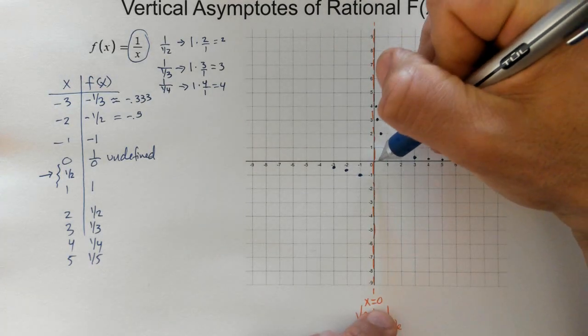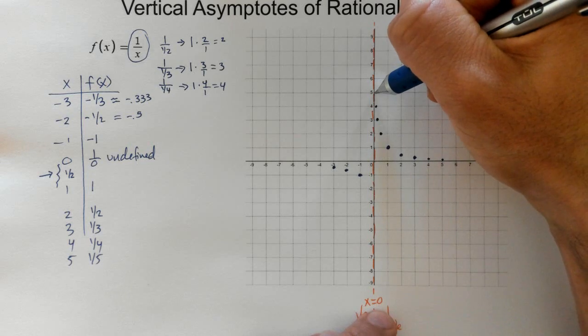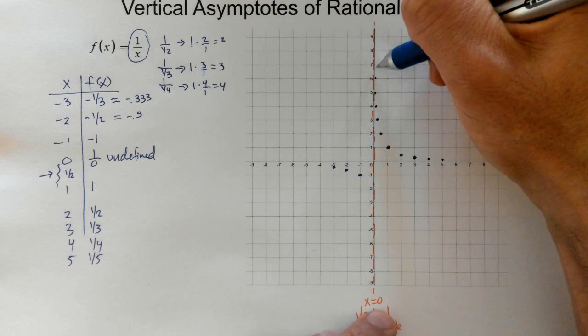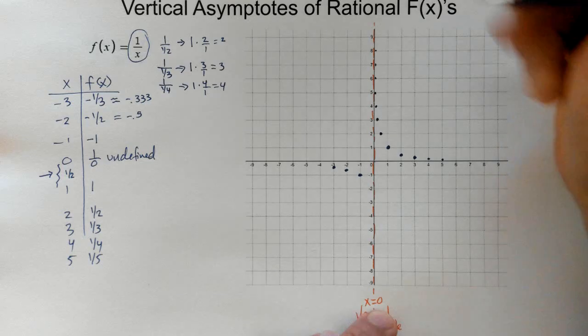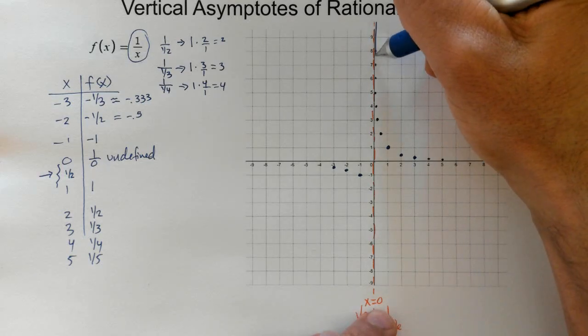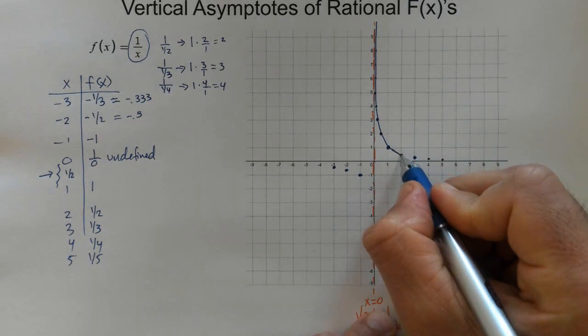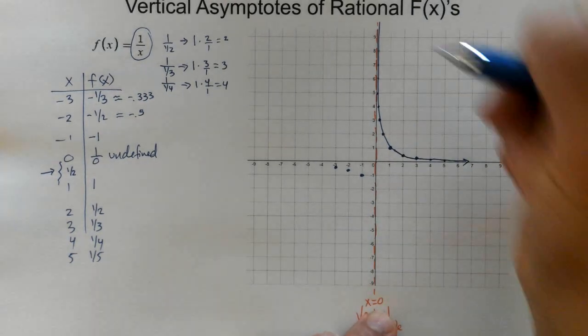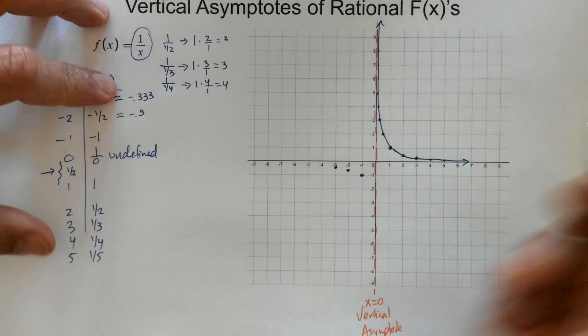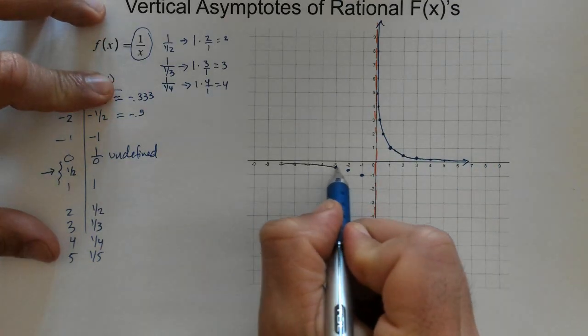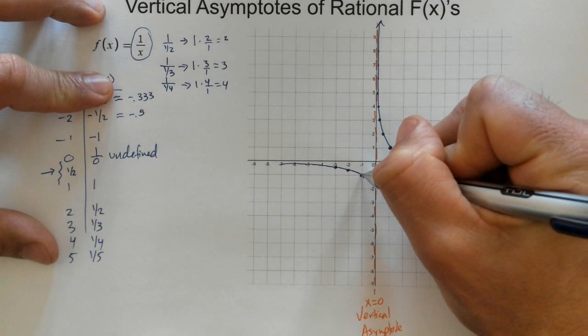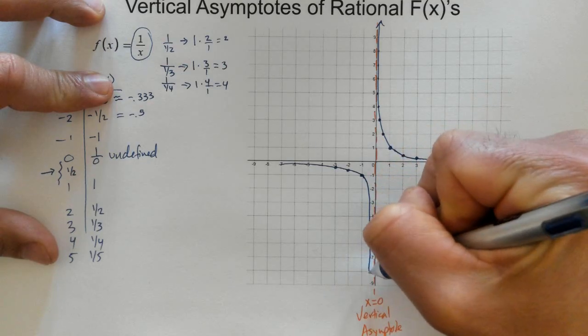All of these points, as I get closer and closer and closer, are just going to get closer to the line, but they will never actually reach 0. Same thing on the other side. The graph will look something like this. It'll just be sort of reflected on the other side, but on the negatives.